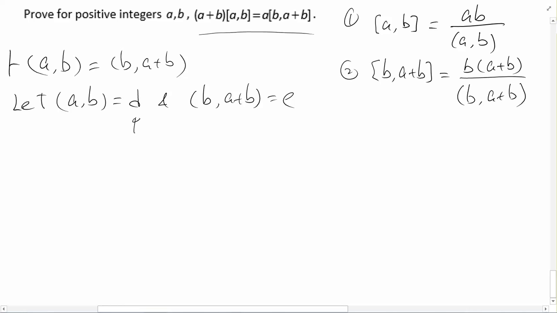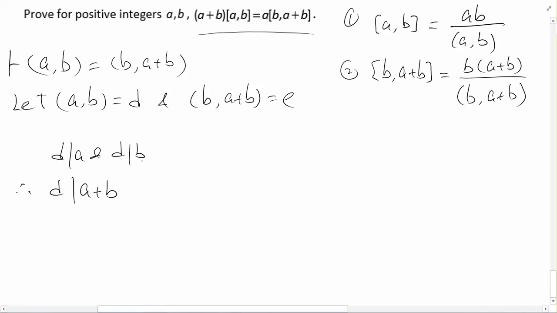Since d is a divisor of a and a divisor of b, d divides a and d divides b, and so d divides all the linear combinations of a and b, and therefore d divides any linear combination including a plus b.